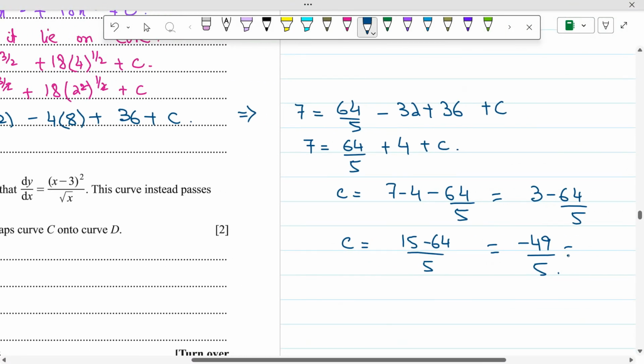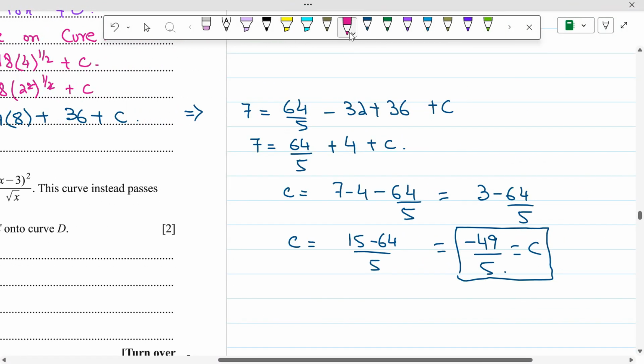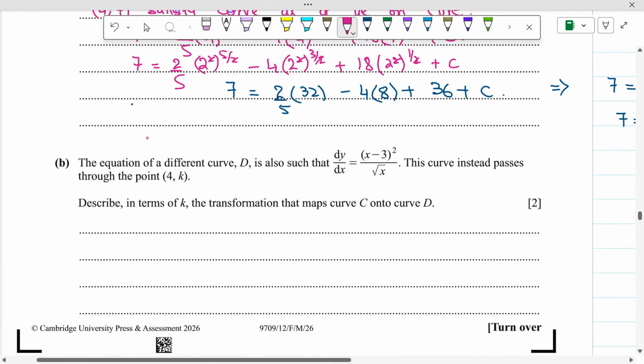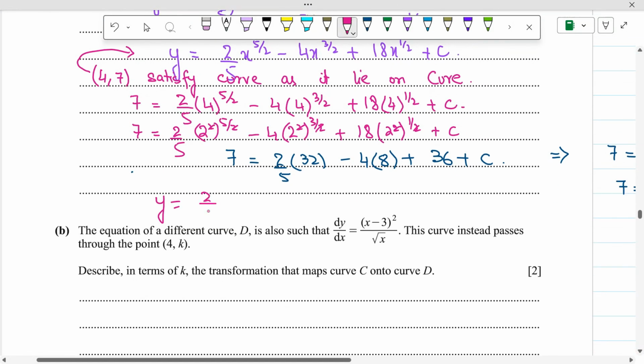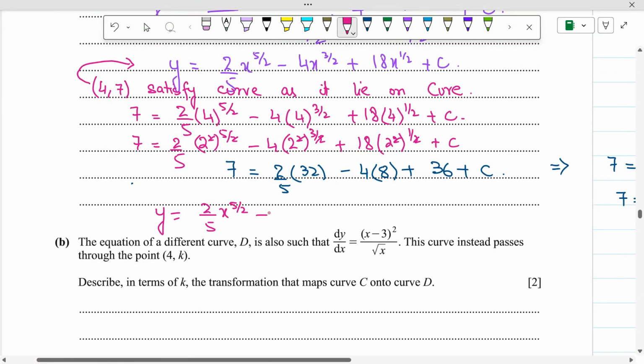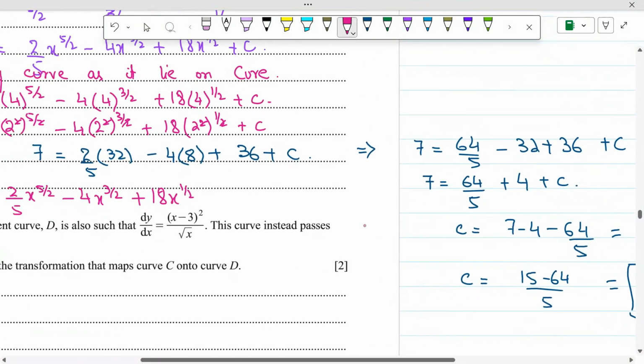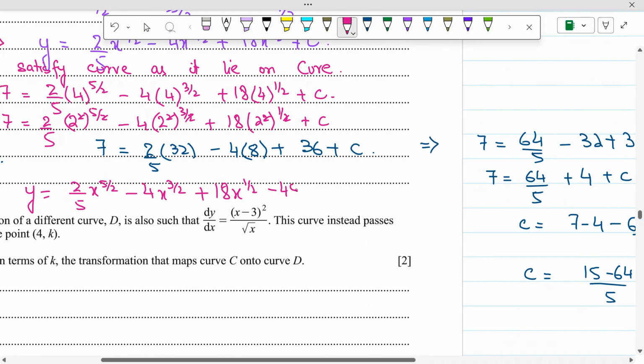So we have calculated the constant c. The equation of the curve is y equals 2 over 5 x to the power of 5 by 2, minus 4 x to the power of 3 by 2, plus 18 x to the power of half, plus c, which is negative 49 over 5.